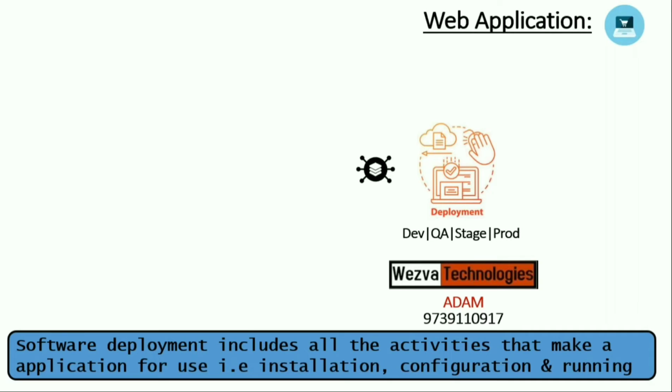Application deployment is all about taking our application, which is a binary or an artifact, installing it on a particular machine of our choice, configuring it so that it can connect to whatever other services, like a database, it needs, and then starting and running the application. Only when all this happens can a user access the application. That could be a developer, or a QA, or a customer accessing it on production. This process is called software deployment.